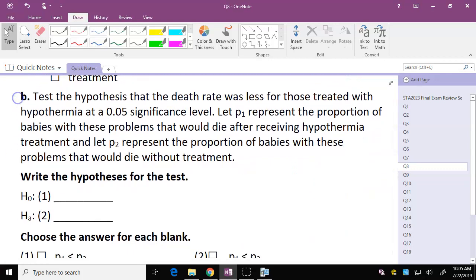All right, so now we're actually going to test. The test hypothesis is that the death rate was less for those treated with hypothermia at a 0.05 significance level. Let P1 represent the proportion of babies with problems that would die after receiving hypothermia, and let P2 be those babies that would die within the control group without treatment.